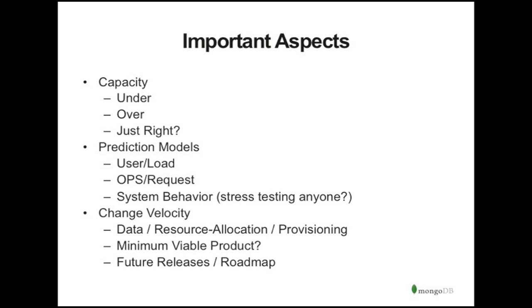So we need to take this important aspect into consideration. First of all, which capacity are we going to be running with? In which situations are we going to be under capacity, over capacity, or just right? We also need to have good prediction models. Is it going to be users per load, ops per request, system behavior? All of these things need to be considered when we are allocating our resources to hold the capacity that we need.